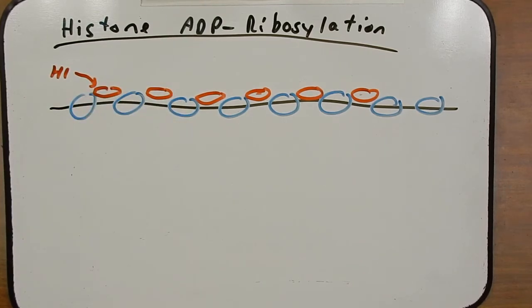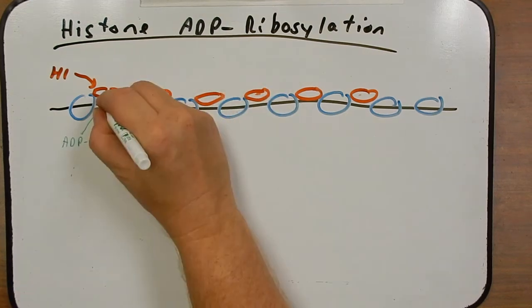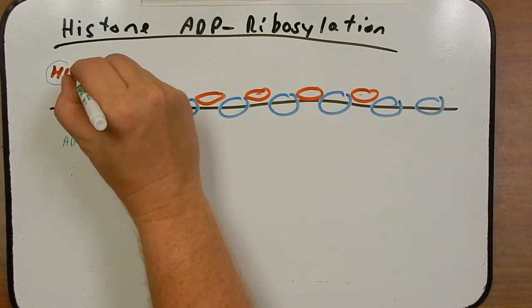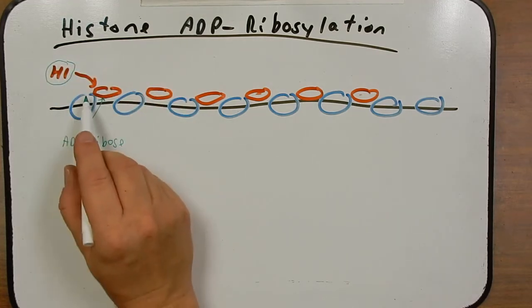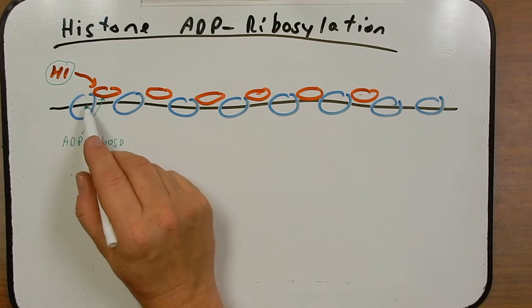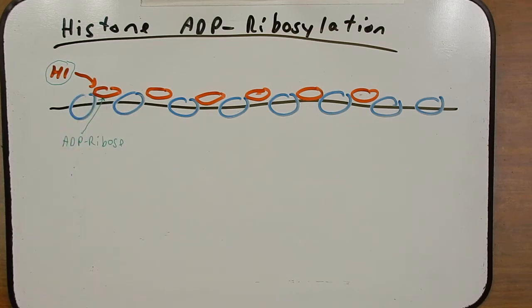And I'm drawing it this time because this is the histone that appears to be preferentially modified by an ADP ribose group. So ADP gets attached to H1. So it's appropriate we talk about this as our last modification because it's the first one and the only one we're going to talk about that doesn't modify the histone core here, the part that makes up the nucleosome. It's this linker one. So it's an interesting case.